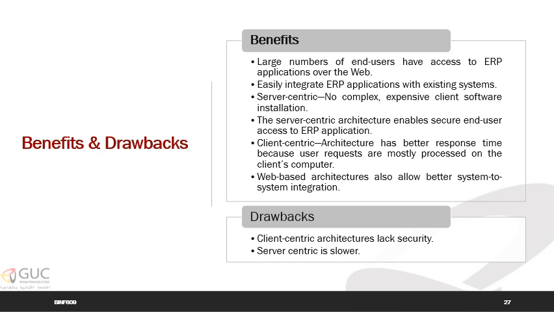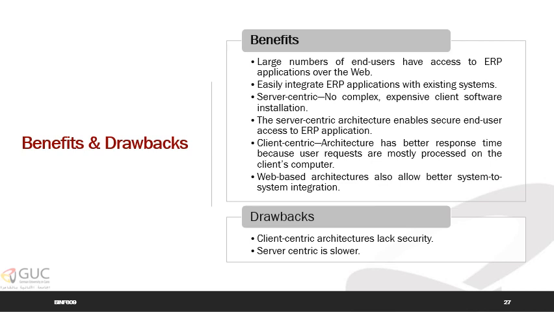although the server-centric architecture has better security and controls because all applications and data are not on the clients but are stored on the server, and do not need any specific configurations, it does tend to have slower response time because all users' requests are processed on the server.